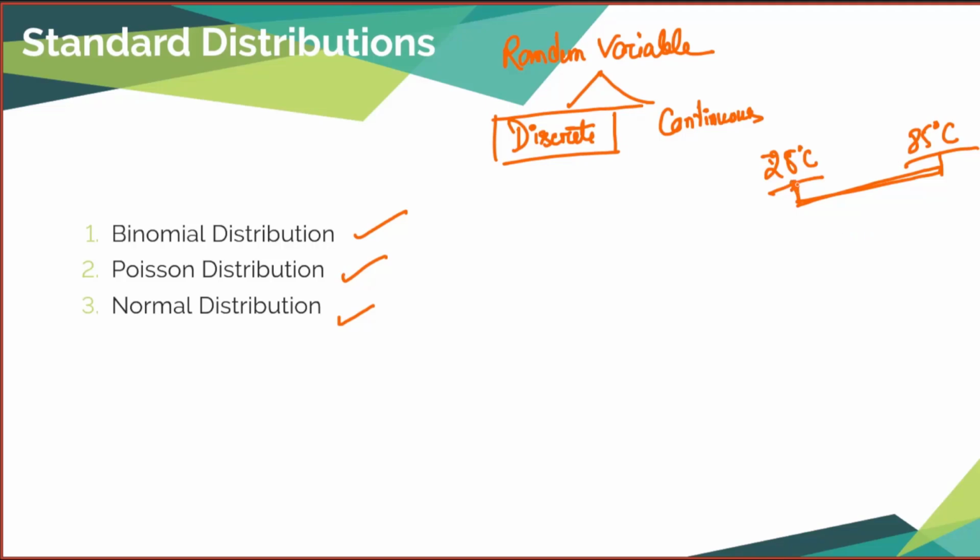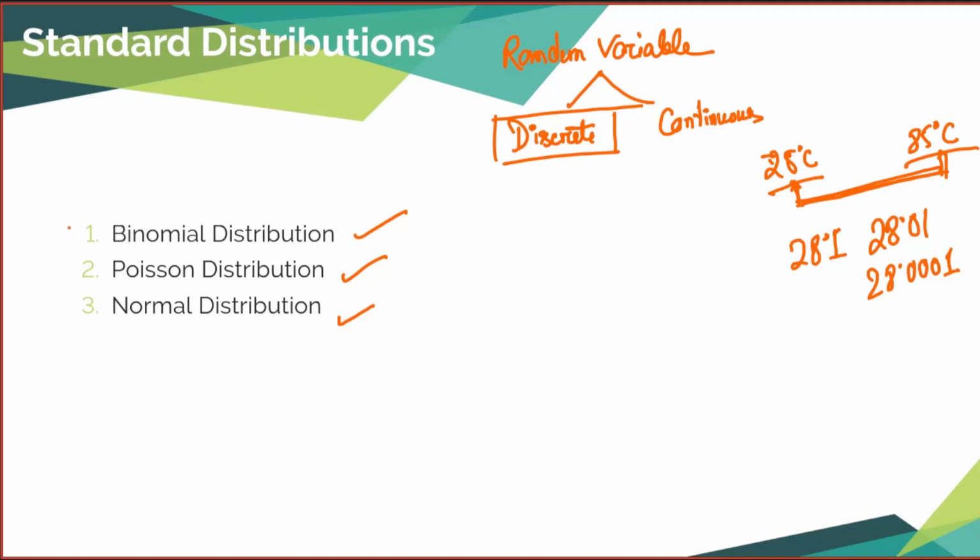Here we cannot distinguish the possible outcomes. It can be 28.1, it can be 28.01, it can be 28.0001. So you cannot get a set of distinct values. That is called a continuous random variable.